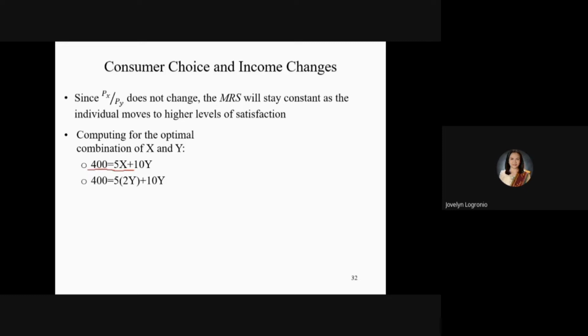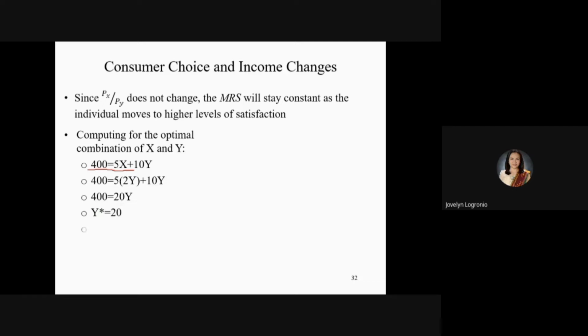Since the X equation is the same, just simply substitute the equation for X. Divide both sides by 20. So 400 over 20 is 20. So Y is equal to 20. The new quantity of Y as income increases is 20.